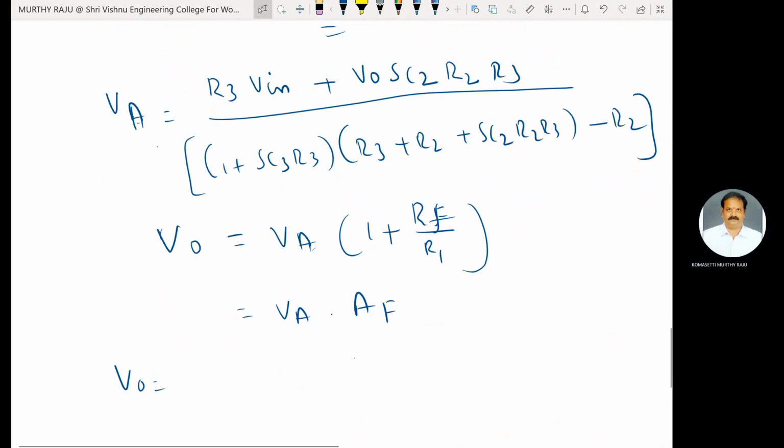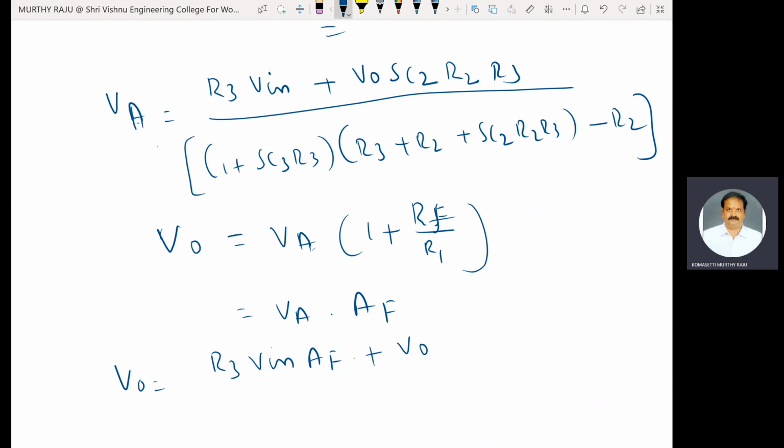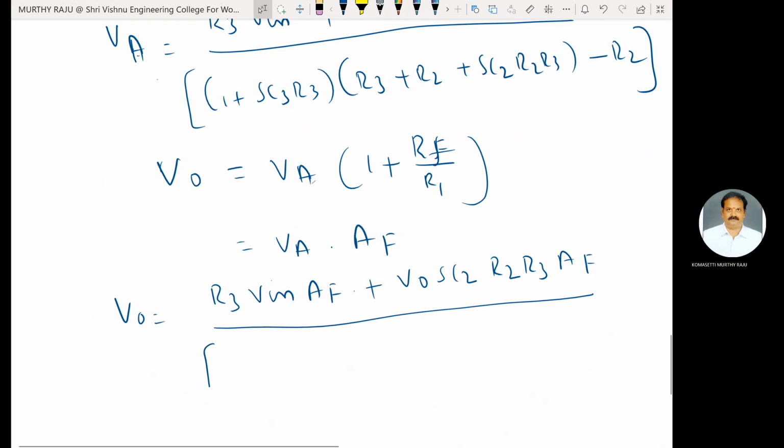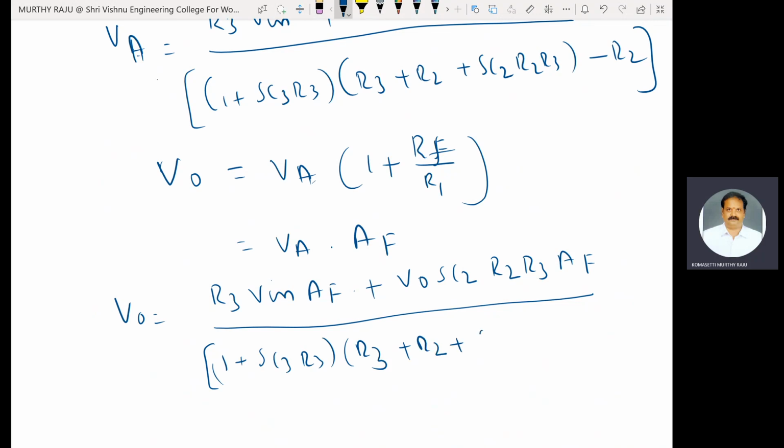VA is R3 into AF. R3 V in AF plus V0 SC2 R2 R3 AF by 1 plus SC3 R3 plus R2 plus SC2 R2 R3 minus R2 minus R2.